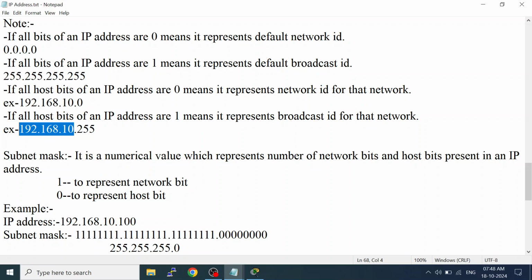Understood? So this network ID and broadcast ID we cannot configure on our devices. And every network will have two things, network ID and broadcast ID. The first IP will be the network ID and the last IP will be the broadcast IP of that network. And in between will be the valid IP addresses.